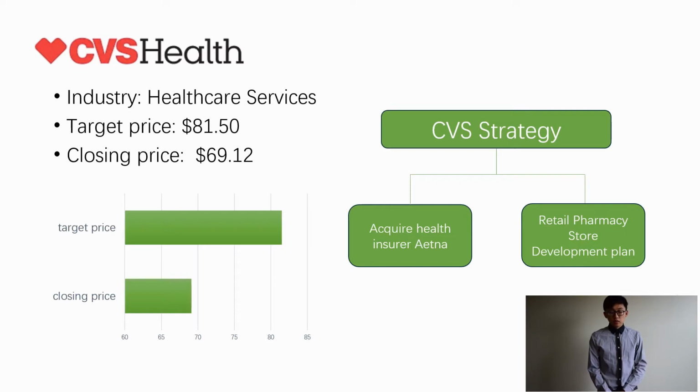Also, in the retail pharmacy store development plan, CVS decided to open more new shops and move its stores to more convenient places, which is very important to the growth of sales.